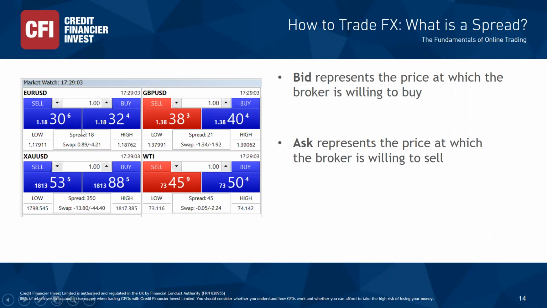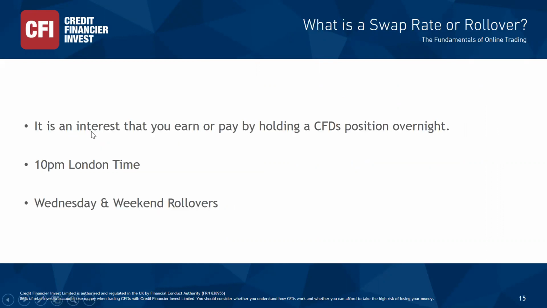It depends on the summertime, so it could be a couple of hours or 3 hours. But it's very important that you at least know that you can see your server time in the platform. Either way, it's always going to be 10 p.m. London time. After that, you will either have to pay or you will earn interest by holding a CFD position overnight, okay?